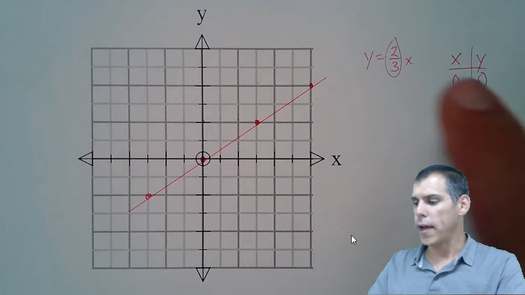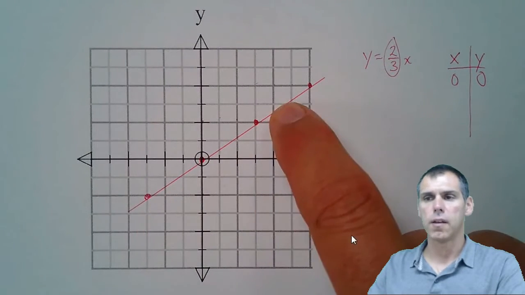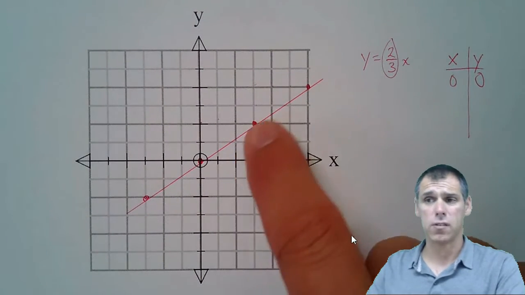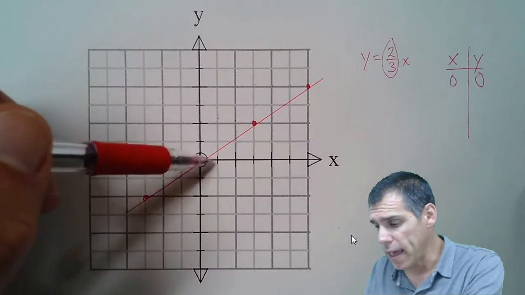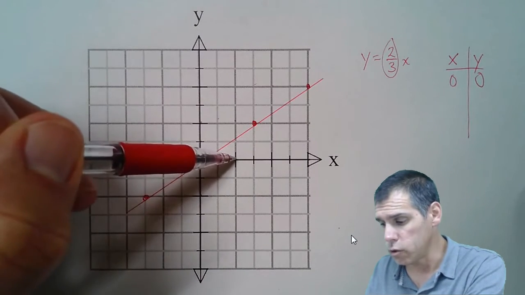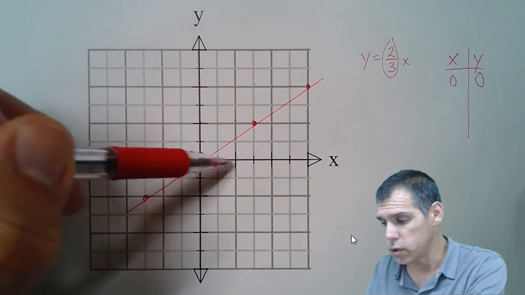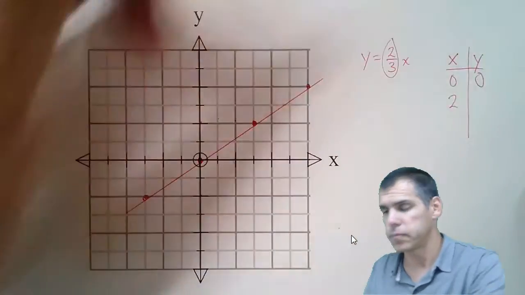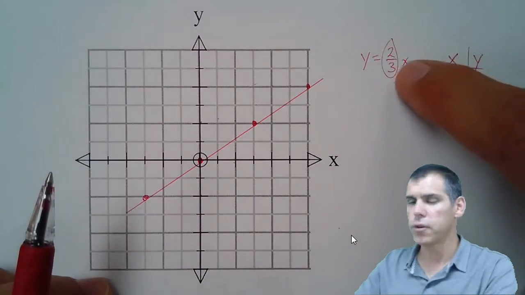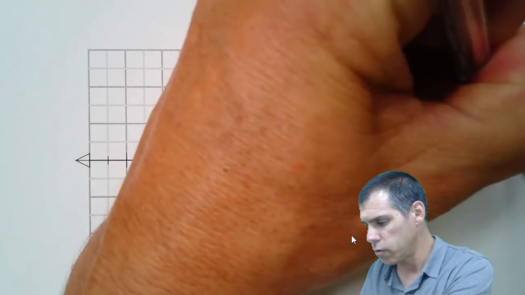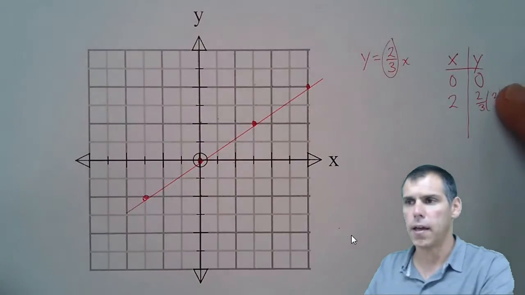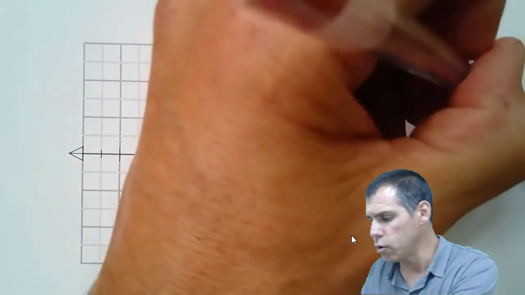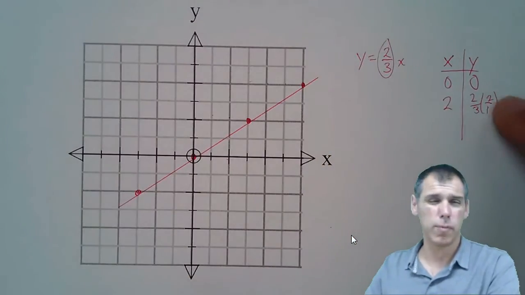Now, y equals 2/3 x is represented by this line. So this is all points, any point here. So if I have, let's say, the point 2, I would have 2/3 times 2. And if you multiply fractions, 2 is the same thing as 2 over 1, and you have to multiply straight across.